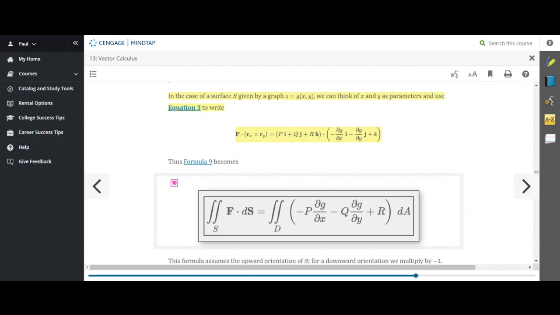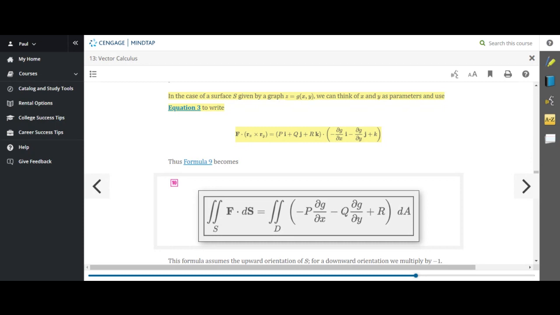Now, this would work, by the way, if x were a function of z and y, or y was a function of x and z, like in the example we just did. You'd have to come up with the formula for it, but if you were to treat it like z as a function of x and y, you could come up with a formula similar to Formula 10 there, and compute the flux as well.